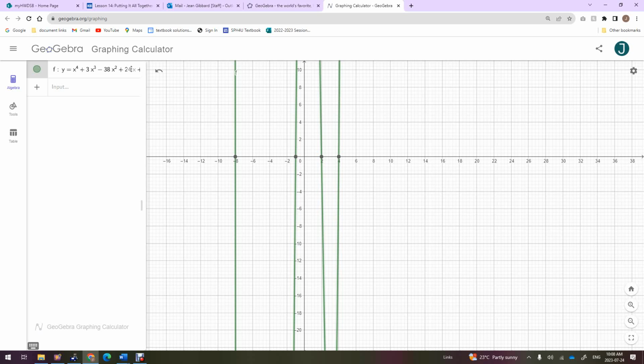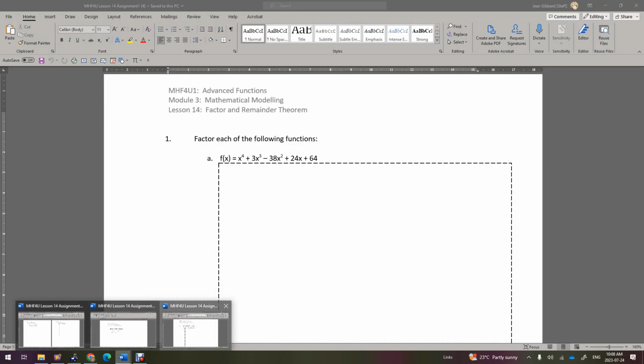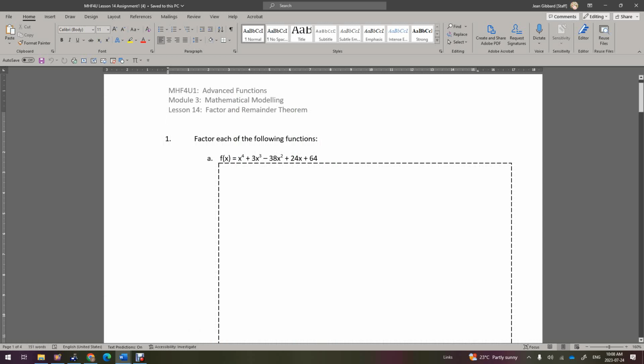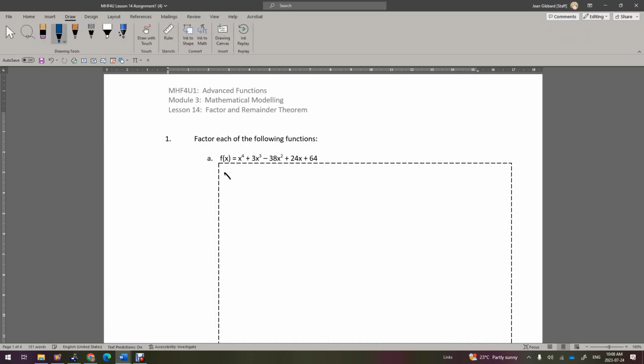Okay, so in our sheet, we're going to make a note that the zeros, so x equals -8, -1, 2, and 4.